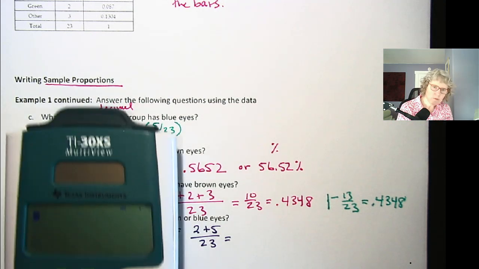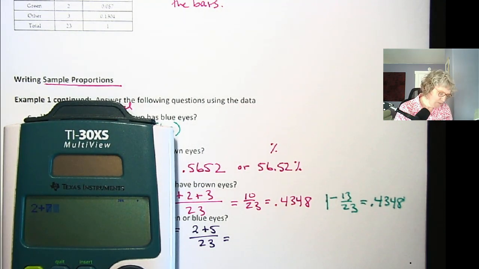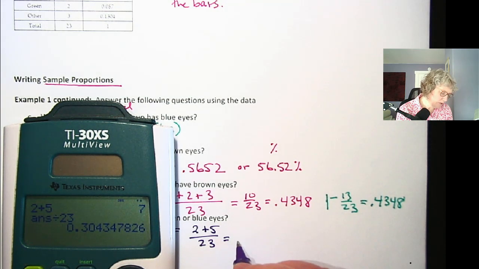Calculator, 2 plus 5 should be 7. 2 plus 5 is 7. Divided by 23 is 0.3043.